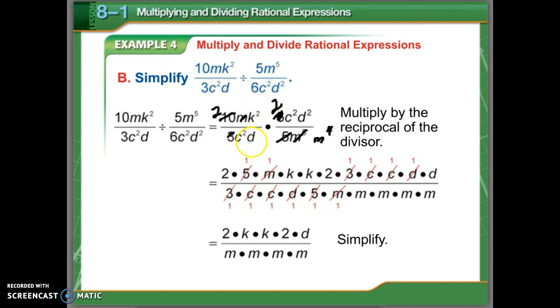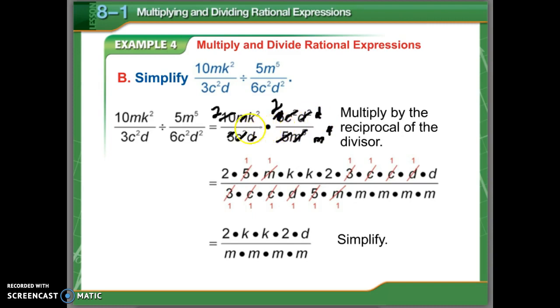I see k squared, don't see any other k's. Okay, that's going to stay the same. I see c to the second and another c to the second. Those just cancel out. And I see d to the second and d to the first. 2 minus 1 is 1, so there's 1 power of d on the top.